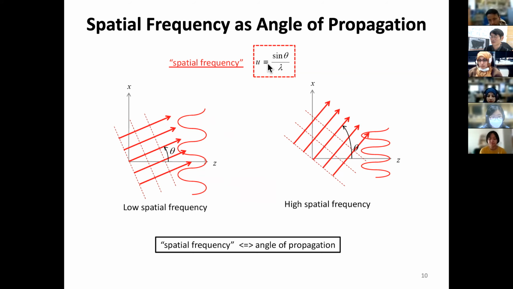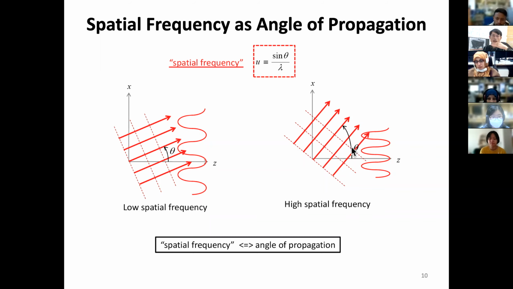So this is sine theta over lambda, and because u is along the x-axis, when theta is small, that's a lower angle, and sine theta is small, so it's a low spatial frequency along the x-axis.